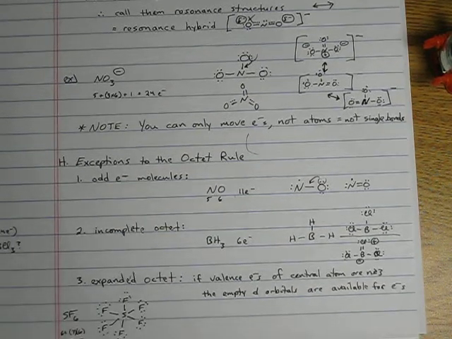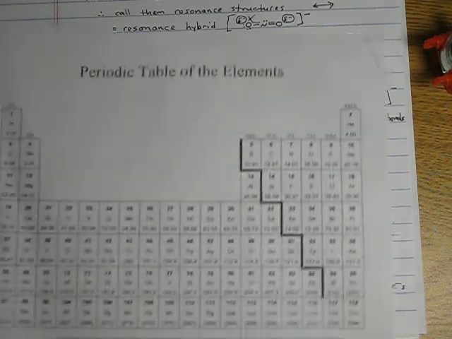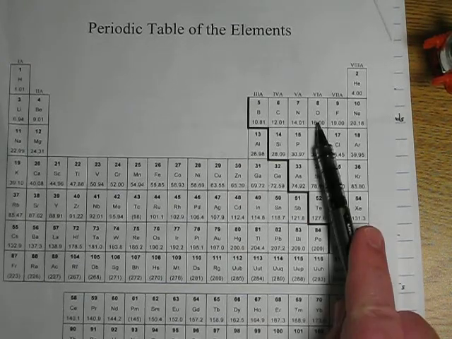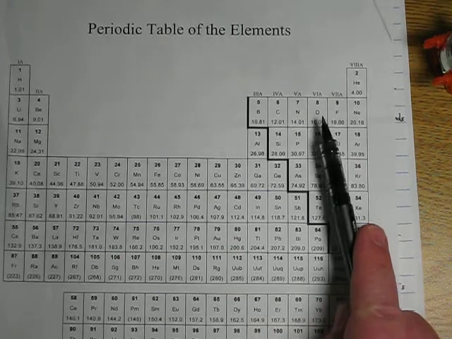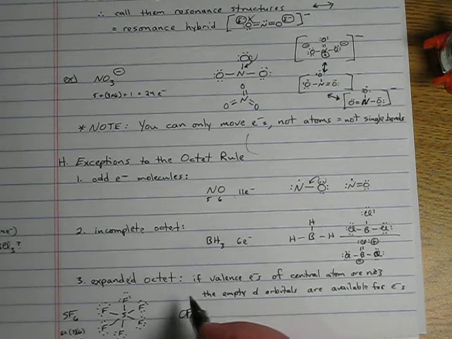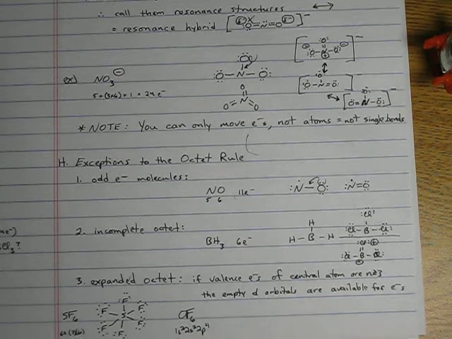Question: what about OF6? Can you make the OF6 molecule? Well, question. Oxygen is right here. Its electron configuration for oxygen is 1s2, 2s2, 2p4.